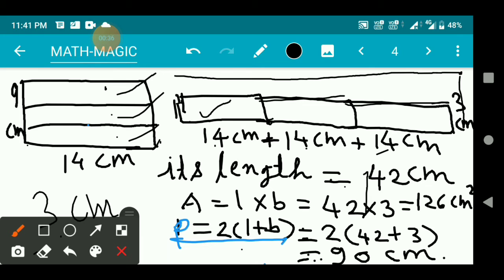Length is now 42 cm because 14 plus 14 plus 14, 14 3s are 42. So 42 cm and here width is 3 cm. If we add 42 plus 3, there will be 45, and 45 2s are 90 centimeter is the perimeter.